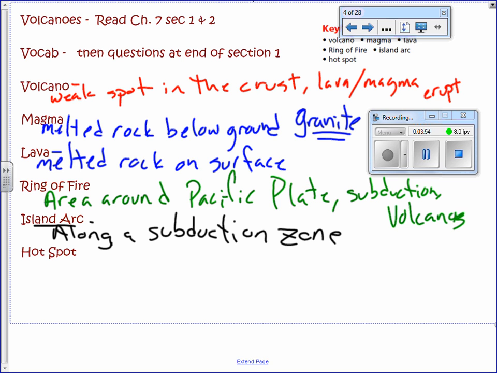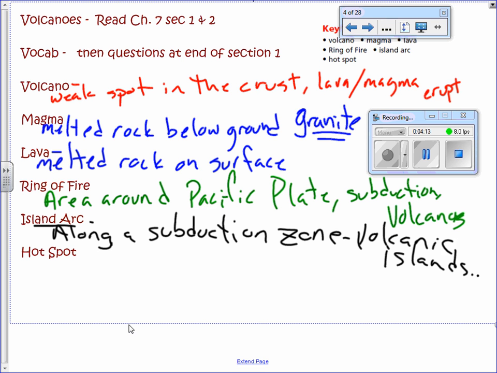And because it's along the plate boundary, it's in a line or in a curve, so it makes an island arc. Along the subduction zone, volcanic islands, and we'll show you the picture here in just a minute.